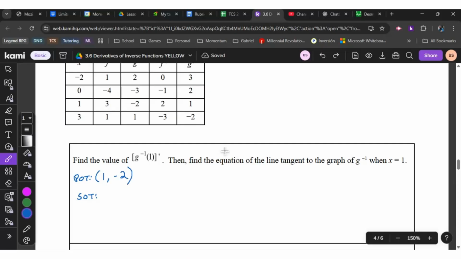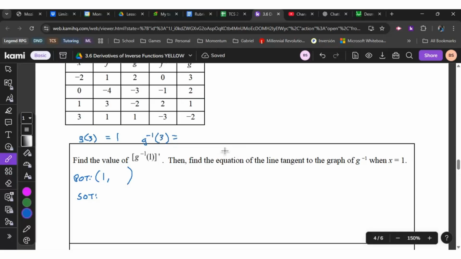Okay, let me back it up. Let's go back and do it the way we did it before. What I want to figure out here is g of something equals 1, which means that it's 3. Which means that g inverse of 3 equals 1.